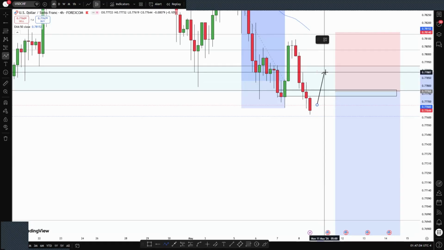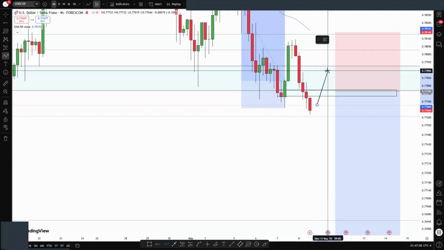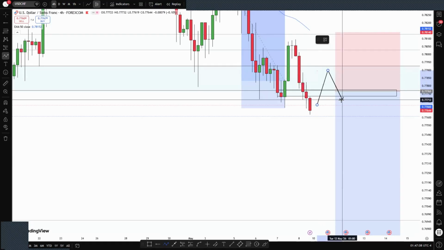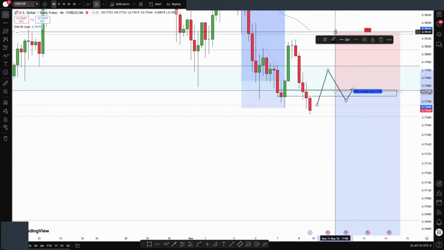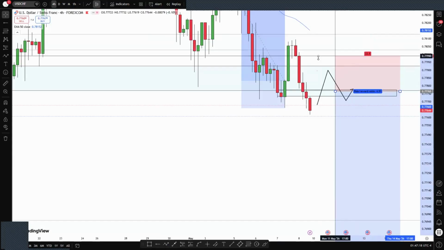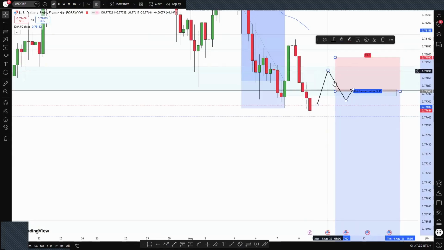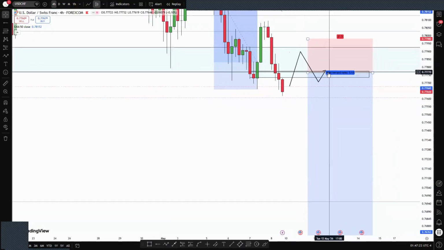So during the London session, I'll just wait for price to break and retest this level, to pull back at this level, so that I know my stop no longer has to be this one. My stop loss will be based off this level. You see?